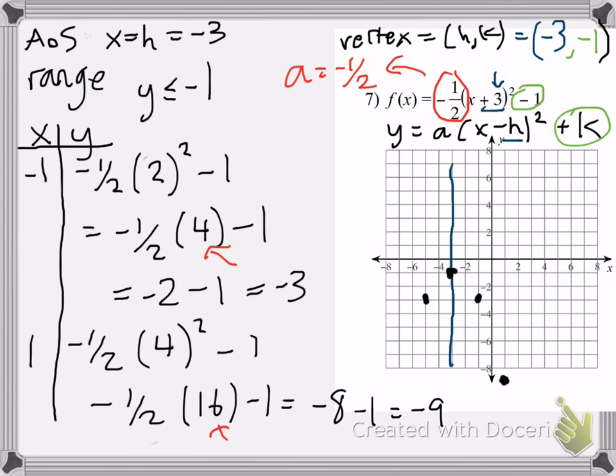Then if I go 2 more over, now I'm on the opposite side of the axis of symmetry, the point that mirrors from this 1 and -9, so that's going to be -7 and -9. And I'll connect these points, and that's my graph.